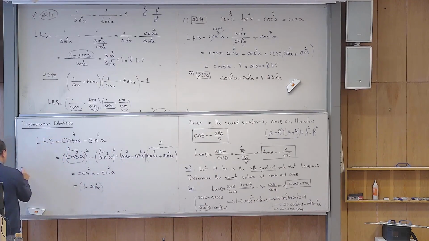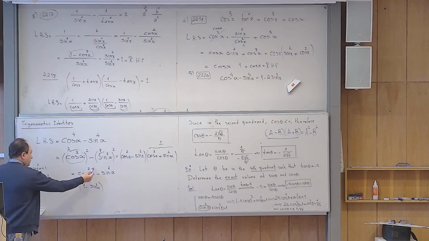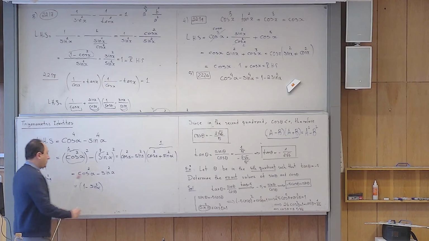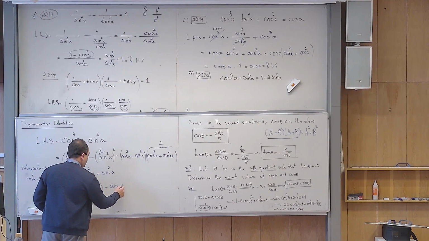Do you remember? We have sine alpha squared plus cosine alpha squared is 1. I can move this to the other side, so cosine alpha squared is 1 minus sine alpha squared. Yes? So instead of cosine alpha squared, I can write 1 minus sine alpha squared. And then I have another minus sine alpha squared.